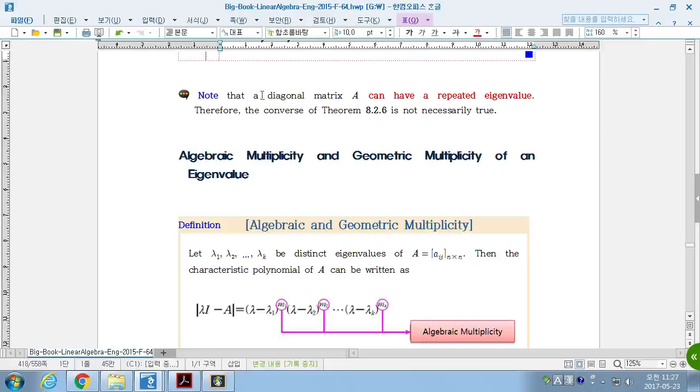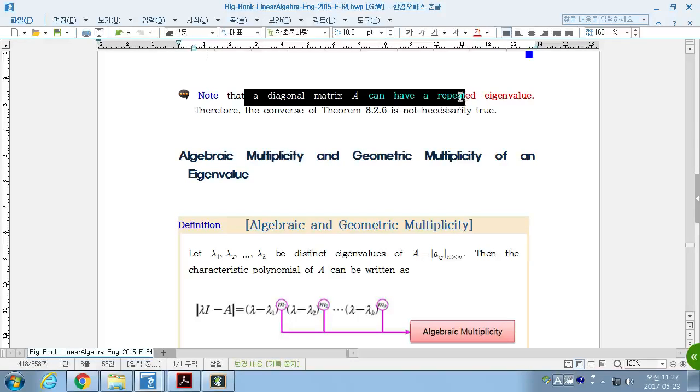Here, diagonalizable matrix A can have a repeated eigenvalue.